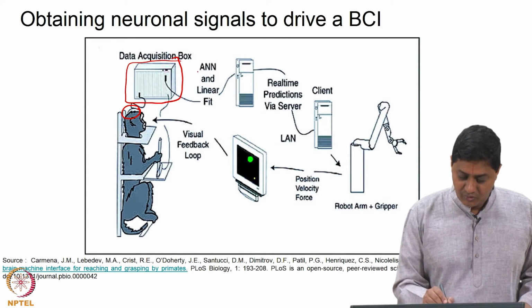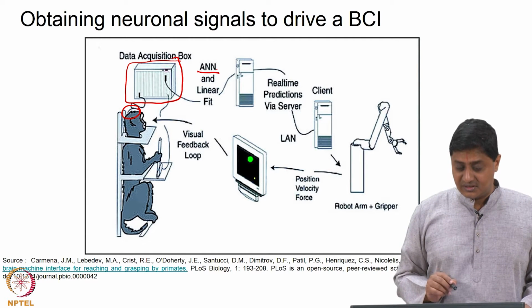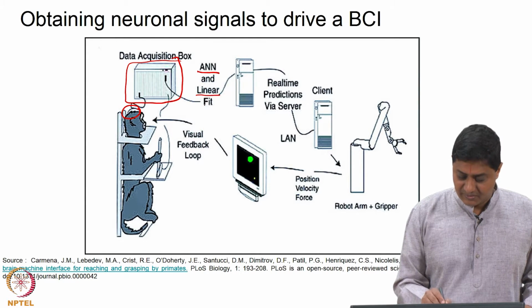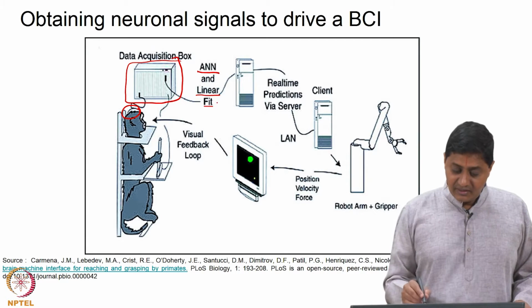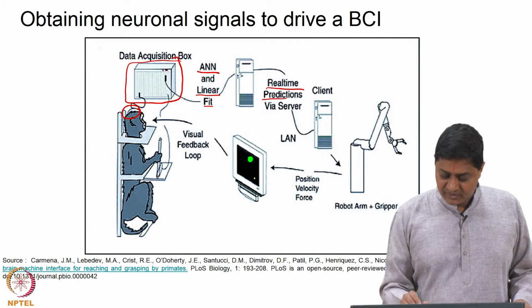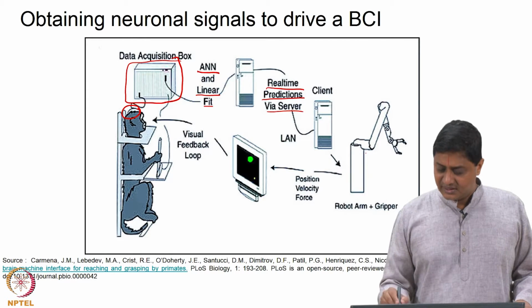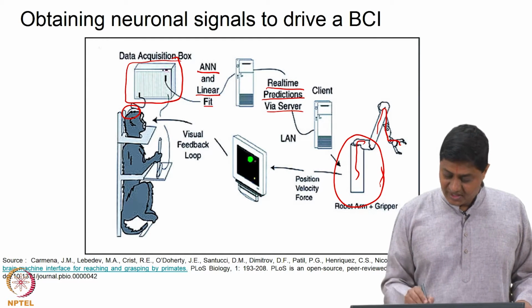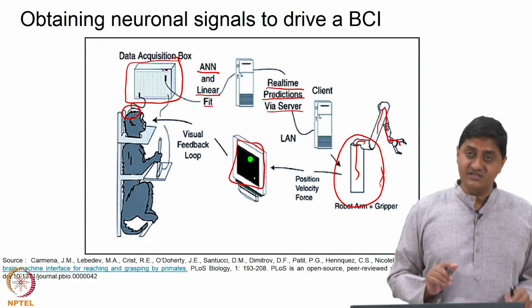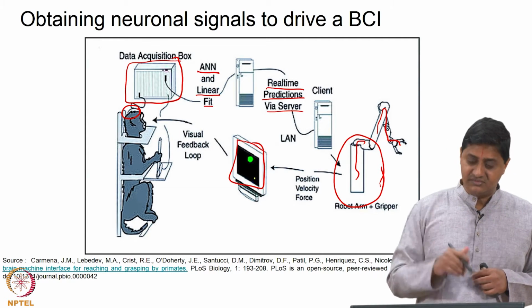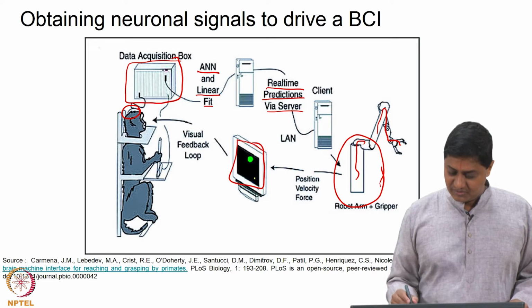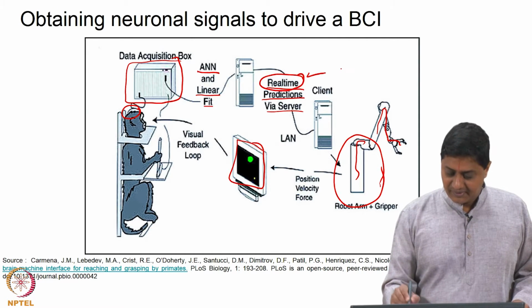So, it must be able to execute algorithms such as artificial neural networks and perform fits, maybe linear or non-linear as the case may be, and then make real time predictions that are then converted into actions by this robotic arm. This is a multi degree of freedom robotic arm, and this position and velocity is fed back to the monkey. So, the monkey is seeing what is being done and it wants to learn to move the actual robot arm. All this we want to happen in, most important word, real time.